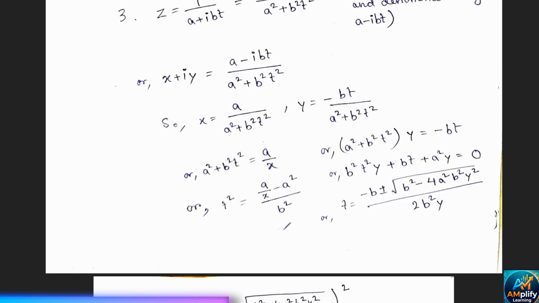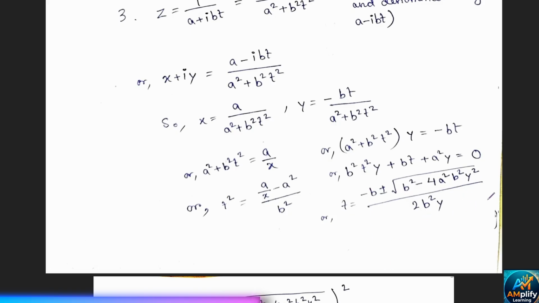Now we get b square t square equal to a by x minus a square, from the real part of the equation, and from the imaginary part of the equation we get a quadratic, right? So we solve it. We use the general formula for finding the roots of the quadratic, that is t is equal to minus b plus minus root over b square minus 4 a square b square y square, by 2 b square y.